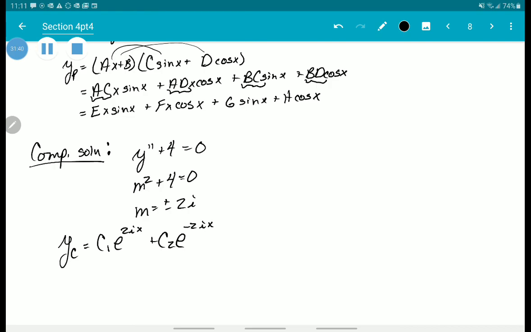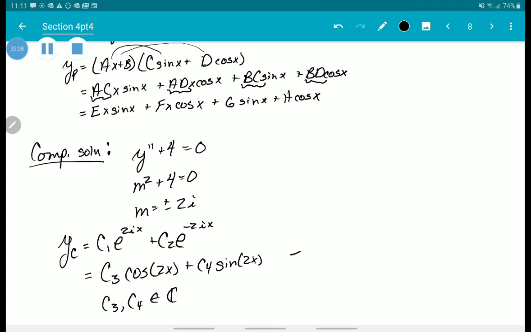If we apply Euler's formula here, and I'm just going to go ahead and do that, we would end up with c3 times the cosine of 2x plus c4 times the sine of 2x. Skipping a few steps does simplify that, where c3 and c4 could be complex.